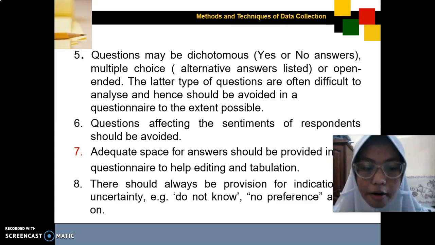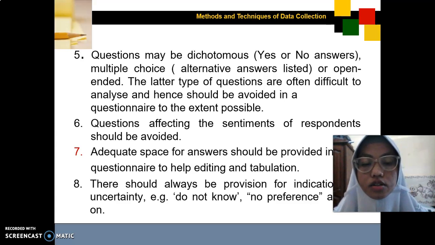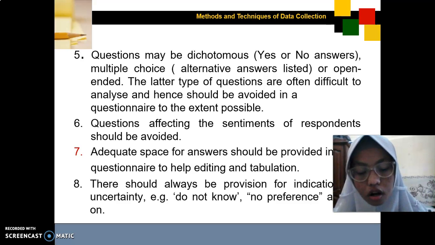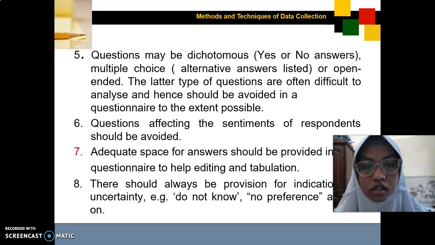So if there is a question, you have to make another choice, like I don't know, or no comment, because some people sometimes don't know the answer to the question in our questionnaire.